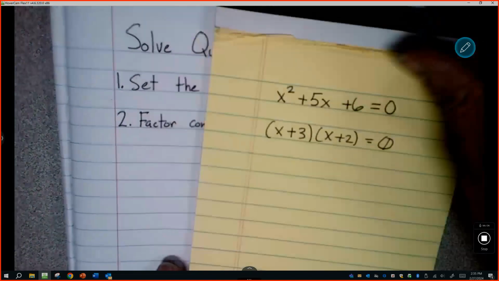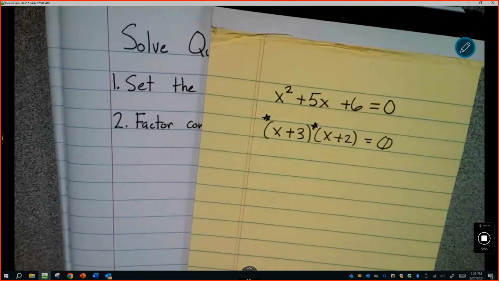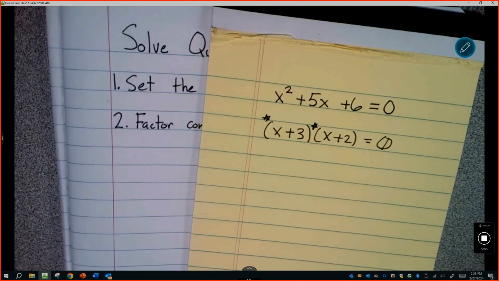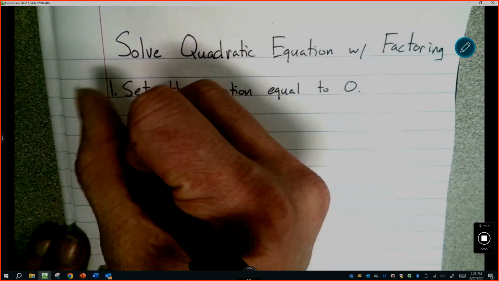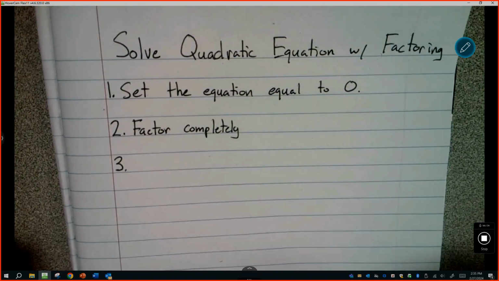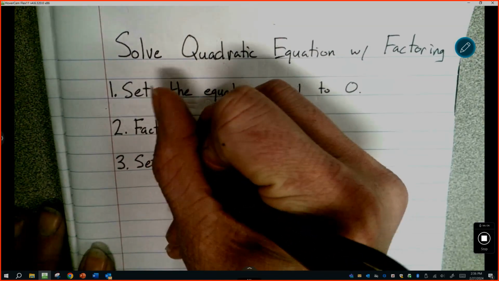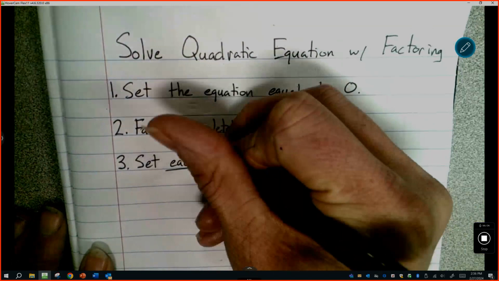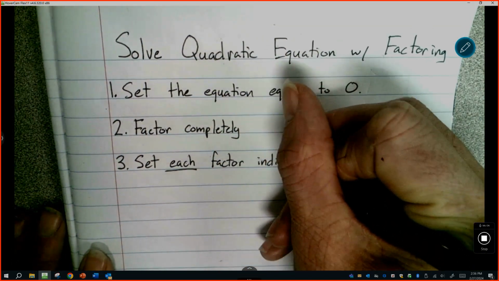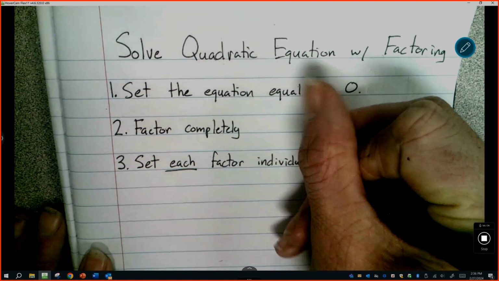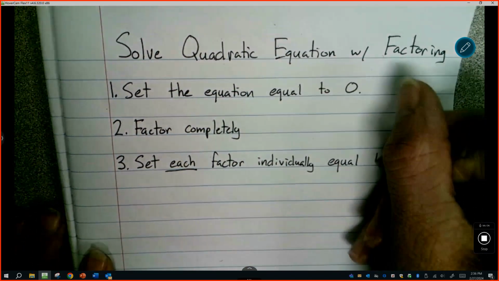So to figure out how I can get each factor, I have two factors, and I want to see when each one of them equals 0, so I'm going to set each one of these individually equal to 0. So the third step is to set each factor individually equal to 0.